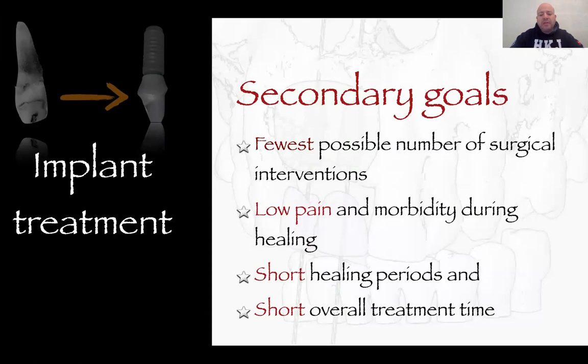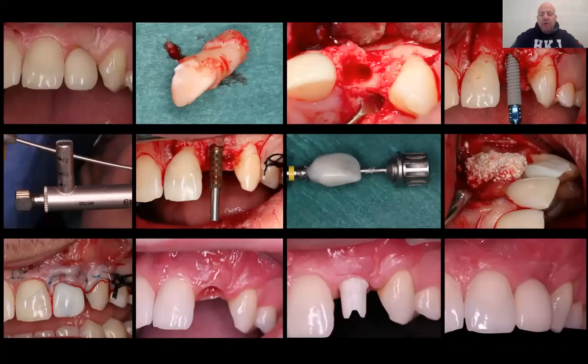But I would like you, please, to take into consideration that we should consider these as our secondary goals. Our primary goals should be all about the success of that dental implant and the stability of the bone and the gum. Time is important, but shouldn't be our major factor.